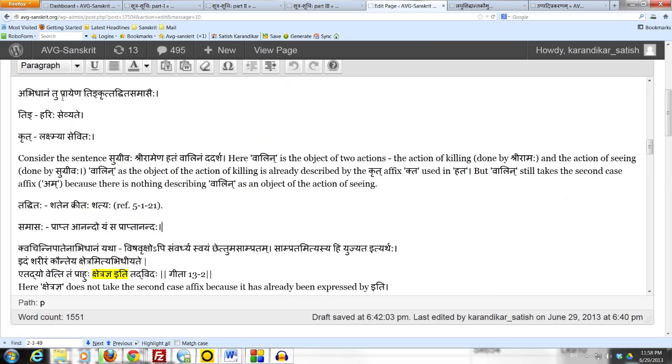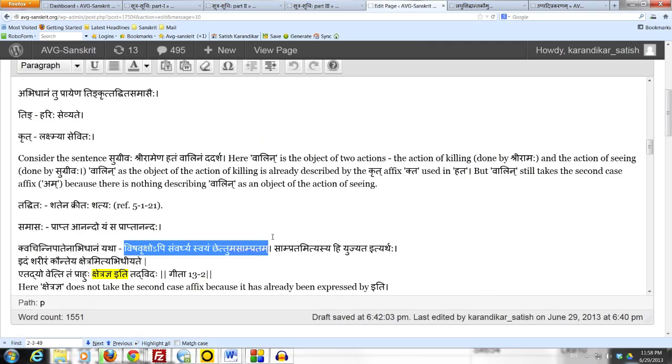Now we already said that Abhidhanam tu prayena tinkrit tadhita samasaihi. For the most part, Abhidhanam is done by these four: a ting affix, a krit affix, a tadhita affix, or a compound. But sometimes Abhidhanam is also done by a nipataha. So, kvachid nipatena abhidhanam yatha vishavrukshopi samvardhya swayam chettuma sampratam.